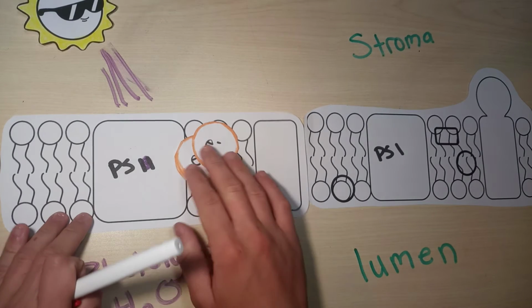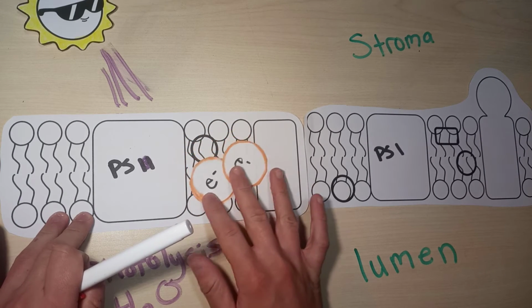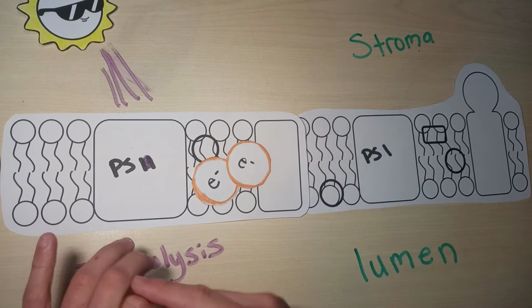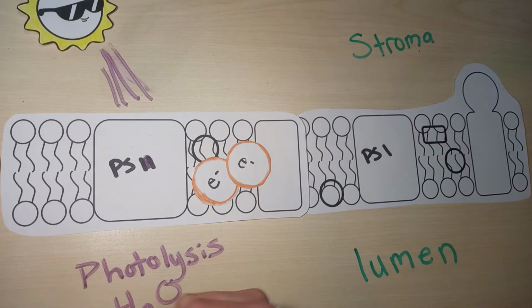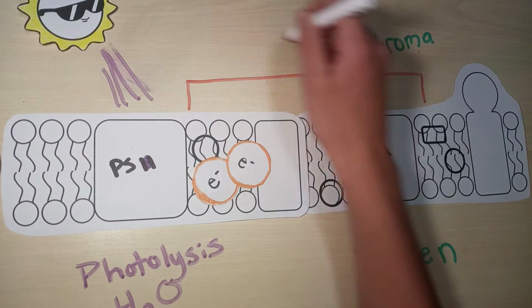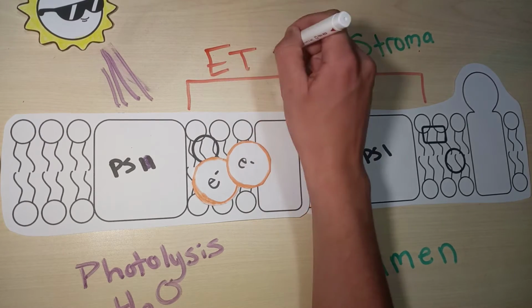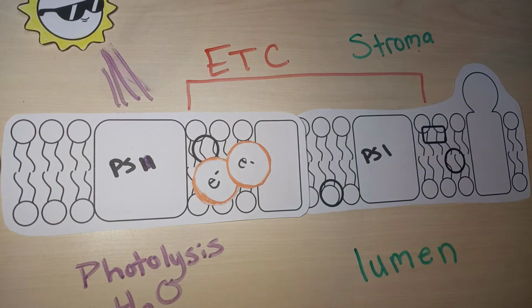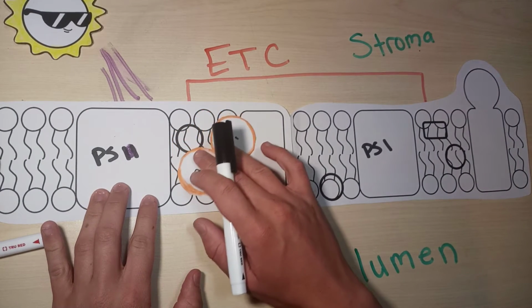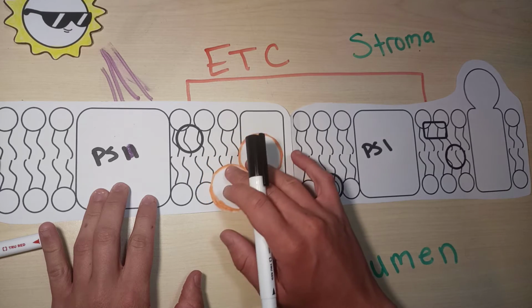From the electron acceptor, the high-energy electrons will transfer across a series of electron-carrying molecules. These molecules altogether are known as the electron transport system, or the electron transport chain, ETC for short. As the electrons move along the electron transport chain, the electrons create small amounts of energy.